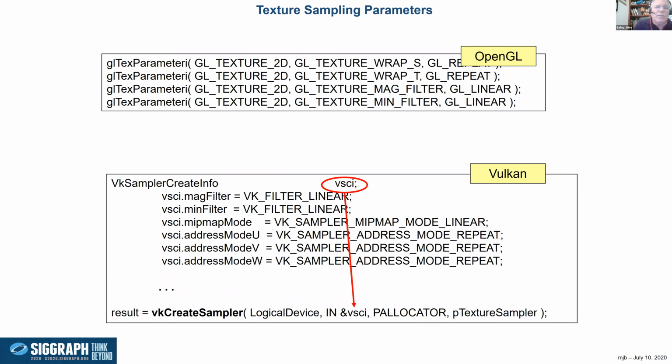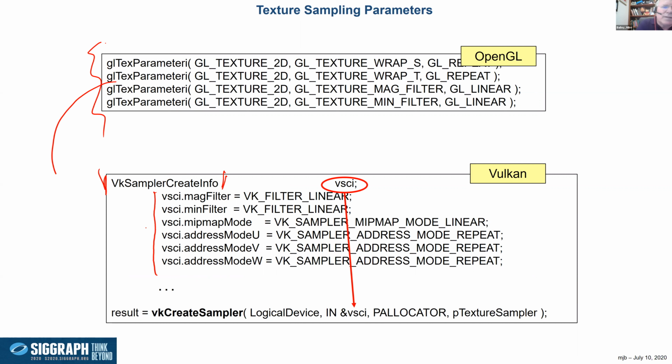In OpenGL, how did we do the setting of texture parameters? Well, we did it like this. How do we do it in Vulkan? We create sampler information. There's a special struct for that. Here's where we do it.